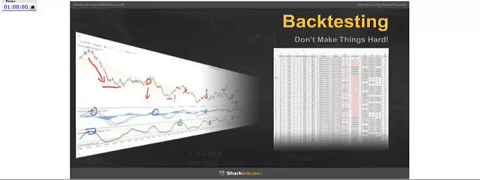Okay, so let's go into the backtesting component, because I don't know if any of you guys have ever done this. I know Daniel and I have done this, and my mentors years ago used to do this all the time. We used to mark up charts, check out all the indicators, and look at numerous days and weeks of data, and we would say, okay, I would have taken a trade here, or I would have cherry picked a trade there, and if I would have only got my entry here and put my stop there, this would have made me money this time.